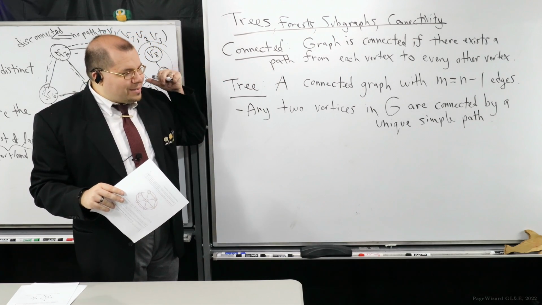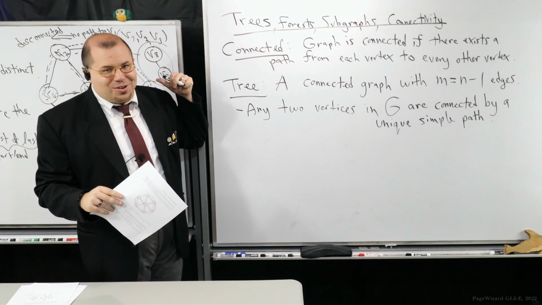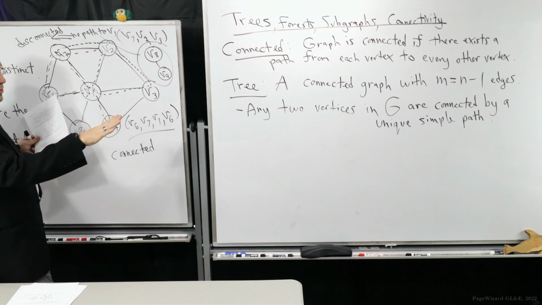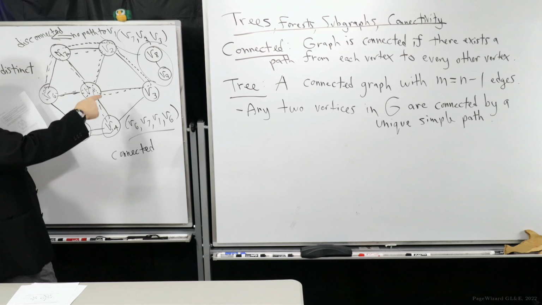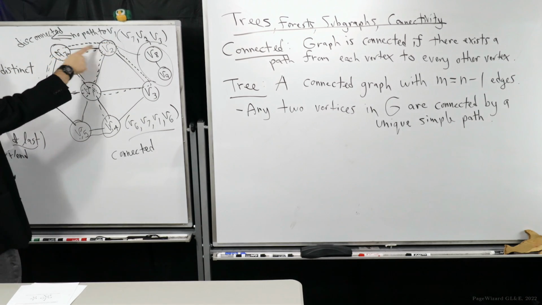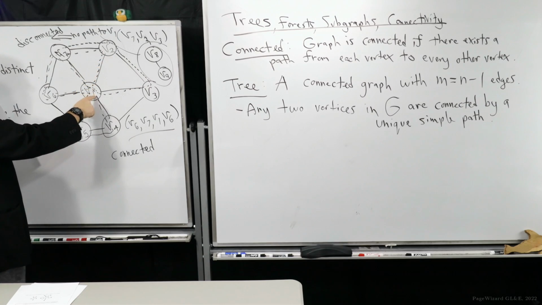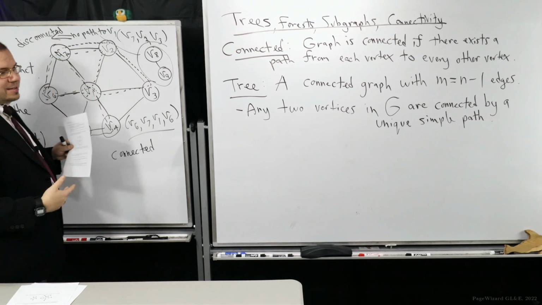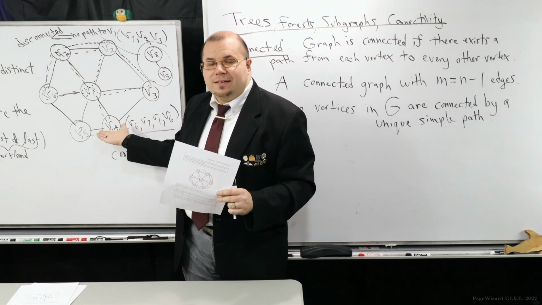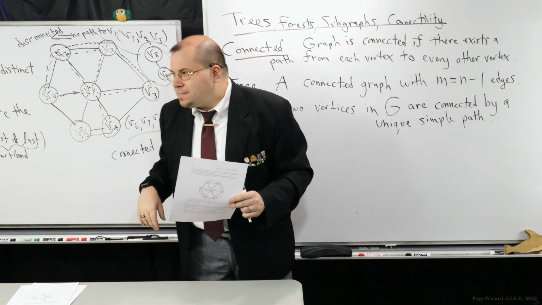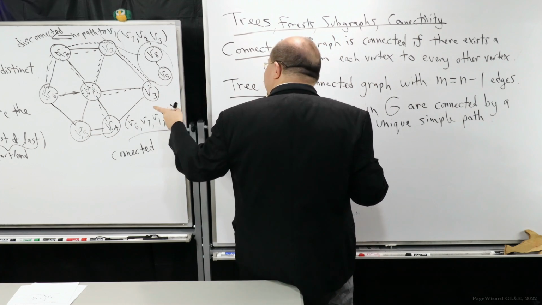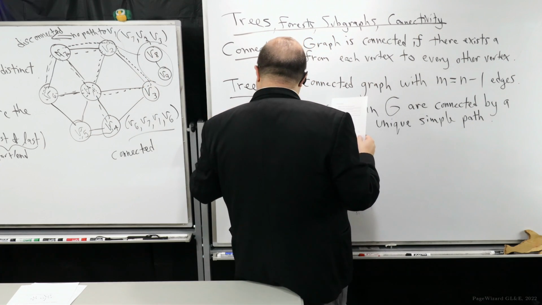You know right away the graph sitting behind me is not a tree, because just keep in mind, I haven't drawn what a tree can look like. Notice I can go from V2 to V7 by just going through this edge, but I also could go to V1, then go to V7. So you know right away this is not a tree. You also know it's not a tree because it has too many edges. It's connected, but it is not a tree.